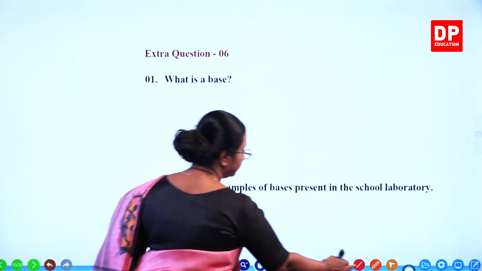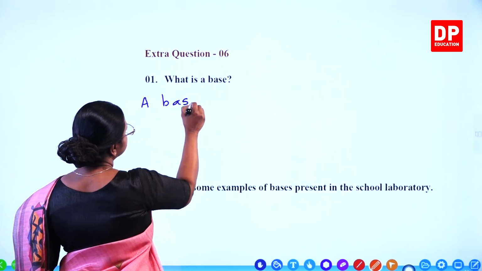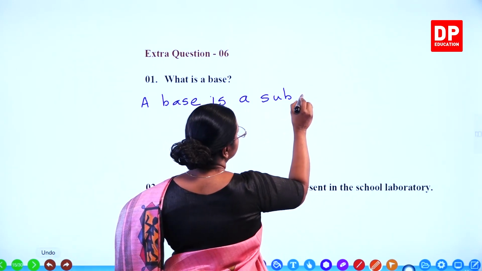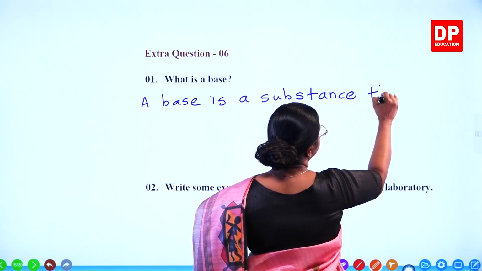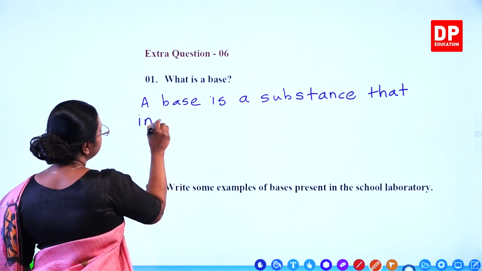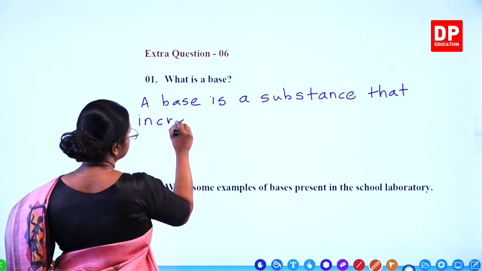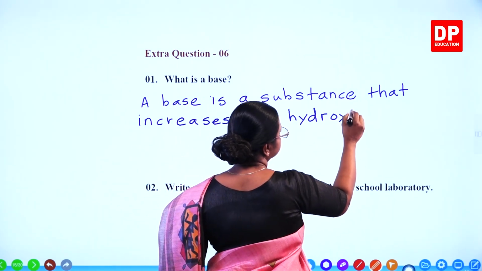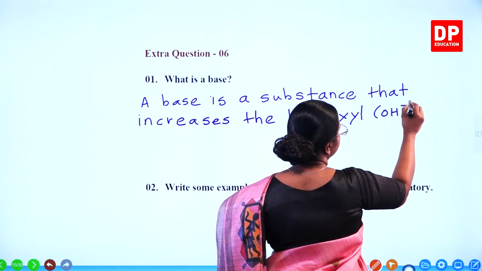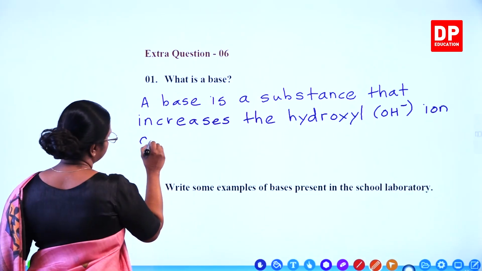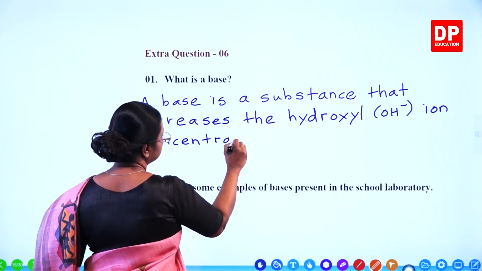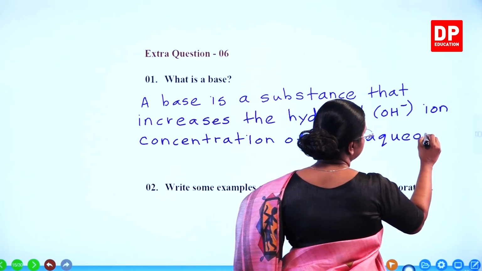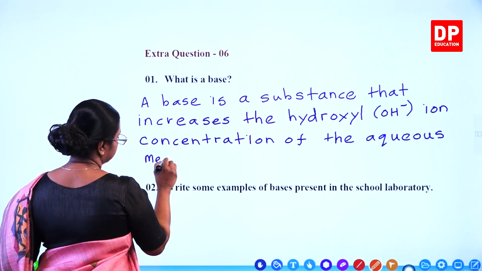So here a base is a substance that increases the hydroxyl, that is OH minus, ion concentration of the aqueous medium.